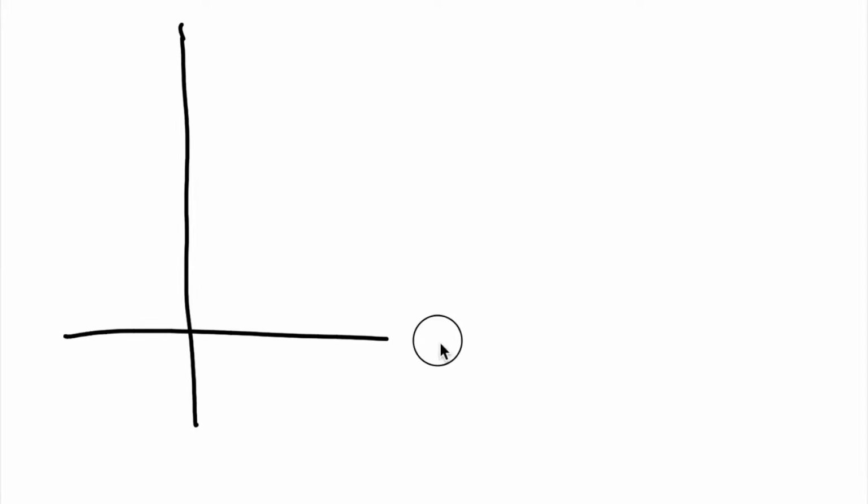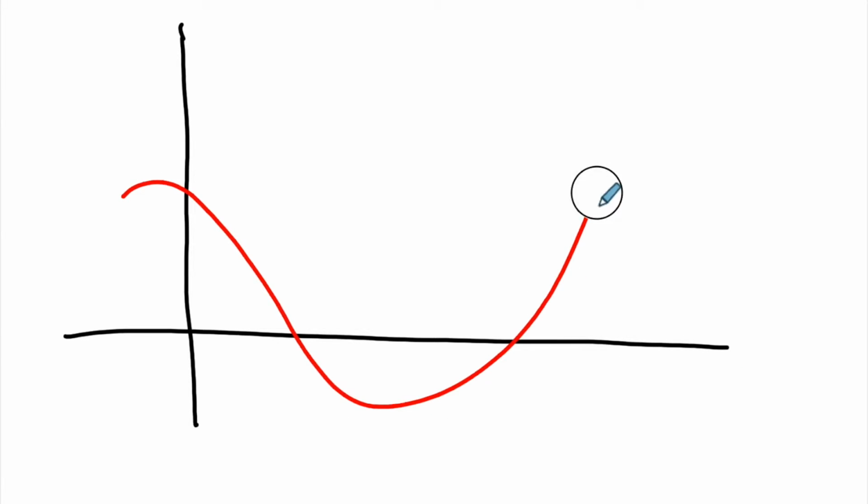All right, so here, I'll just put a graph here. If this is f of x, the derivative represents the instantaneous slope somewhere on this curve.